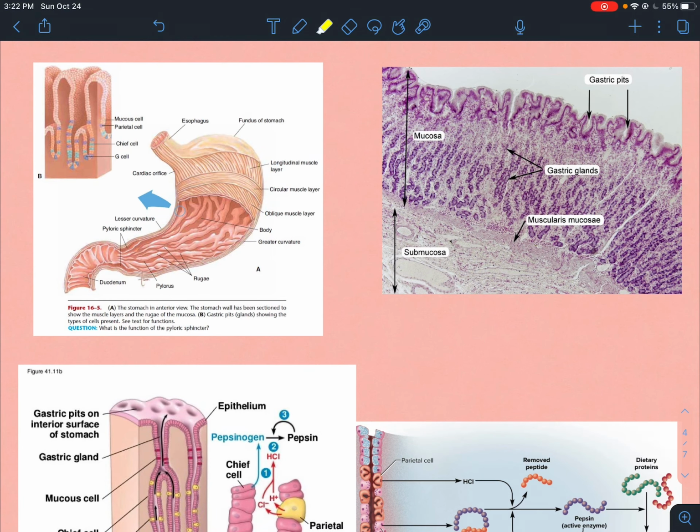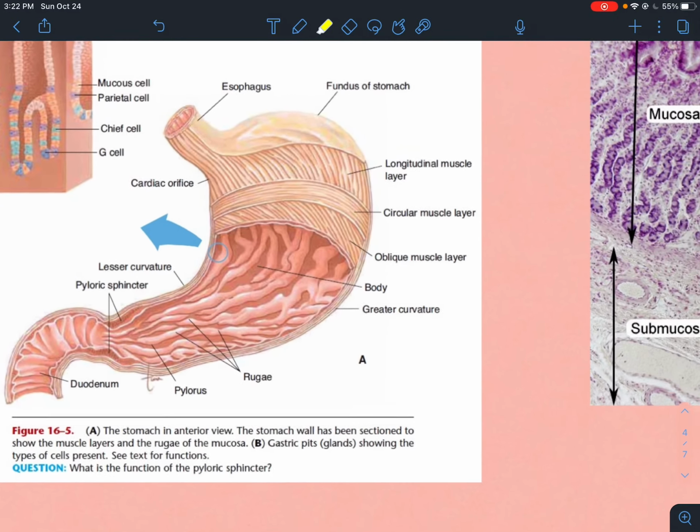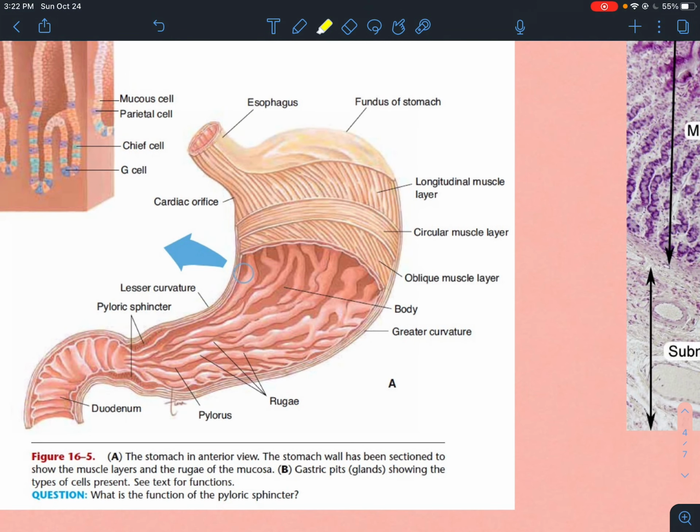Let's move on and look at some of the anatomy and the physiology of the stomach. The first thing to note is that, as we mentioned before, the stomach will receive that bolus from the esophagus as it's moving down.